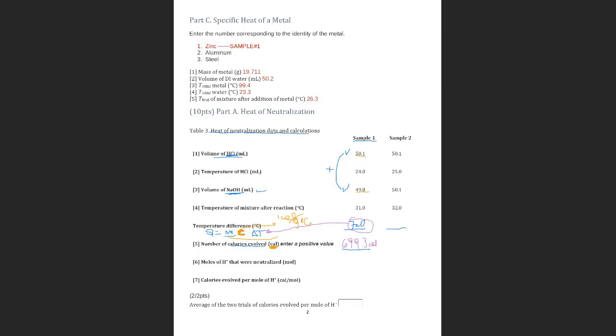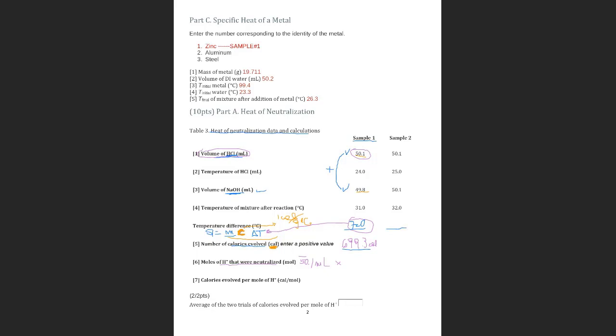And then they ask you how many moles of protons were neutralized. You know that you use, let's look at here. Here you have the volume of hydrochloric acid, 50.1. So the moles you calculate by 50.1 milliliters and you know the concentration.